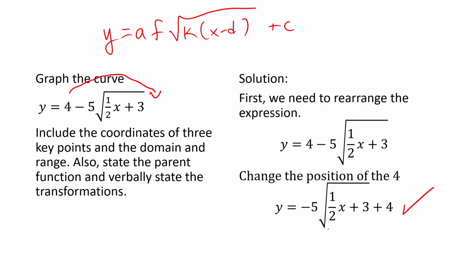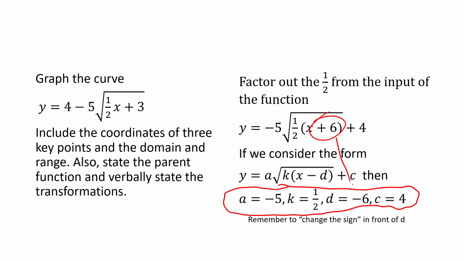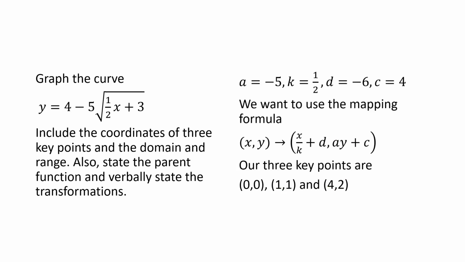Then our next move is going to be to factor the 1/2 inside of the radical sign, inside the input. When we do all that, we end up being able to say that a is negative 5, k is a half, d is negative 6, and c is 4. Since it says x plus 6, we remember that d is negative 6 because we're always changing the sign in front of d. So a is negative 5, k is a half, d is negative 6, c is 4.